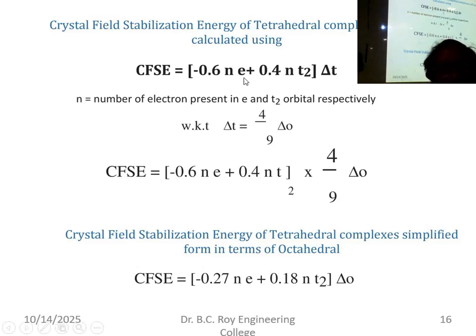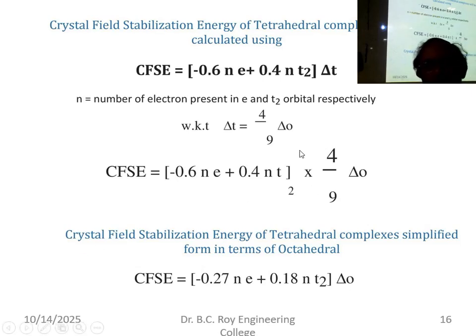That's why the g term is not applicable here, so you write E and T2 but not g. You multiply by the number of electrons and delta T, the tetrahedral splitting energy, which is equal to 4 by 9 into delta O. That is a standard relationship between tetrahedral and octahedral.